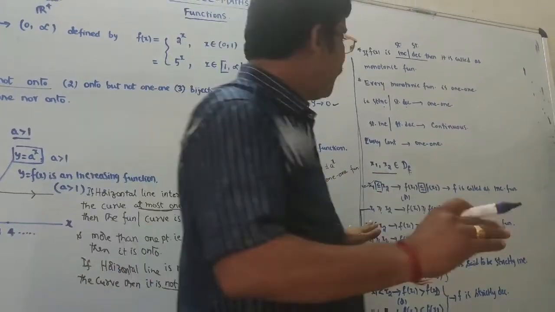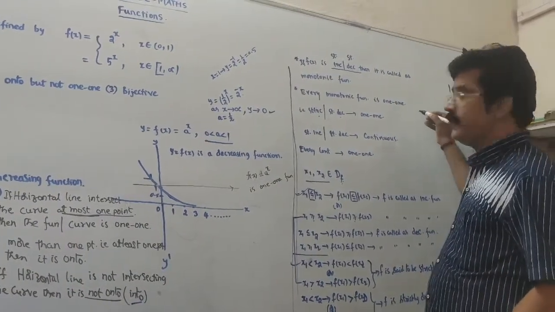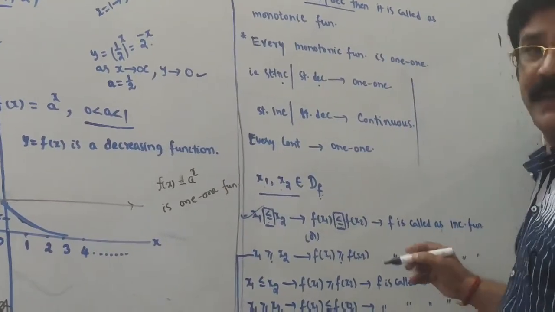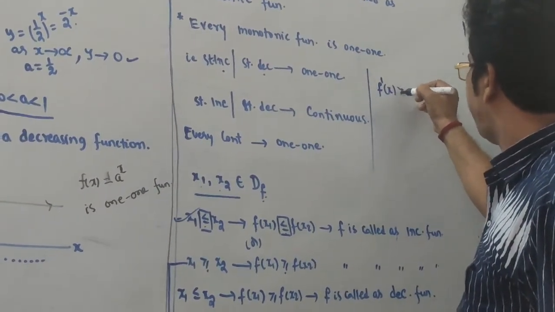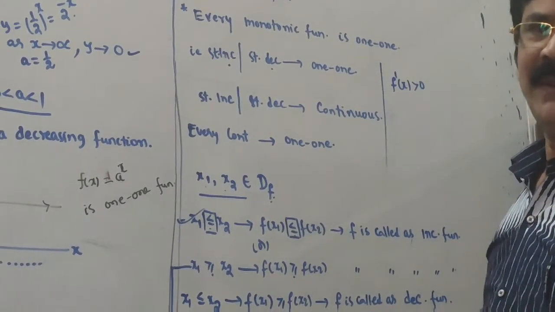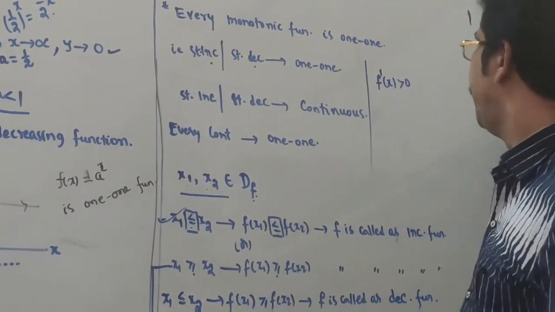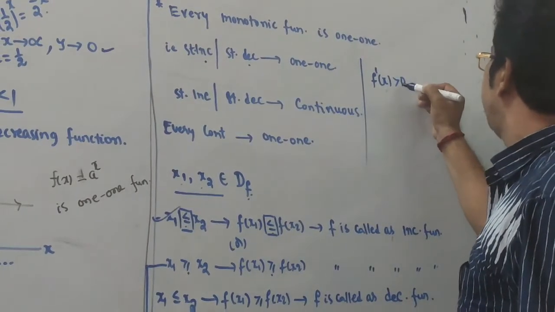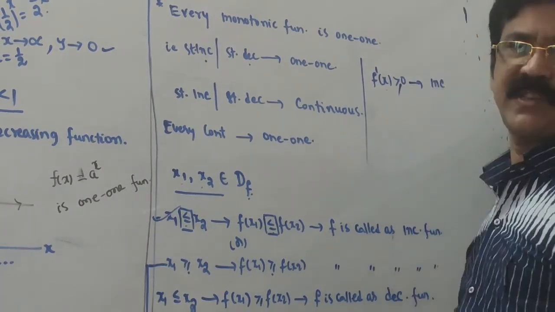Next, moreover, you come here. With respect to calculus, look at the board. If f dash of x, with x in its domain, which is to be understood, is greater than or equal to 0, then it is called an increasing function.